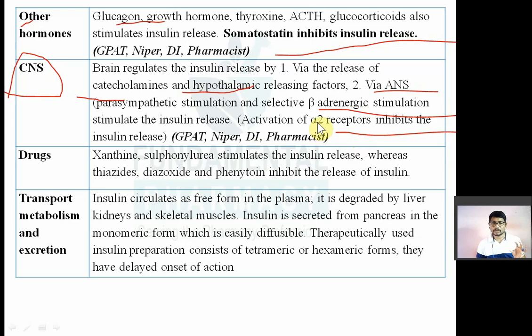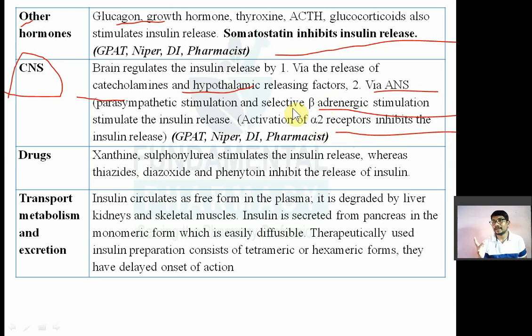So here you have to remember that beta 2 stimulants, that means beta 2 agonists, will decrease the body's sugar level. For example, beta 2 agonists like salbutamol and terbutaline will decrease the body glucose level because they are insulin releasers. Beta blockers will increase the body glucose level.